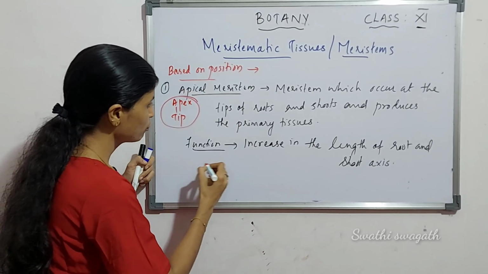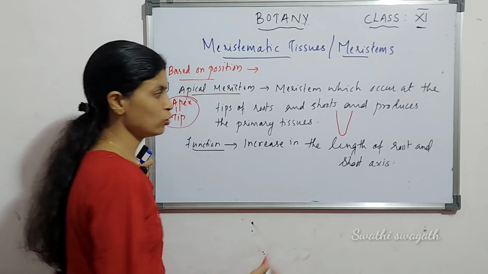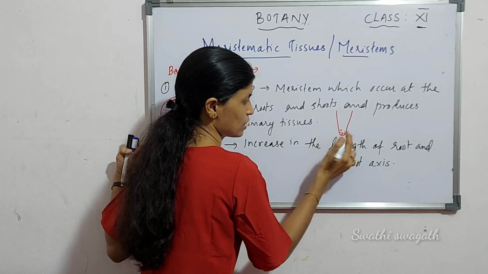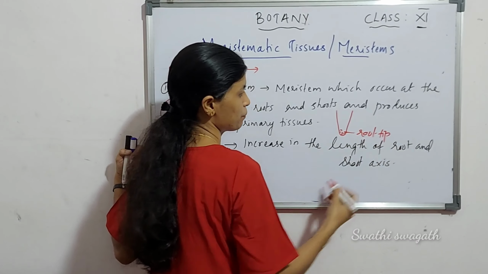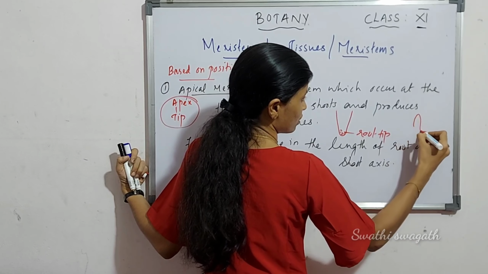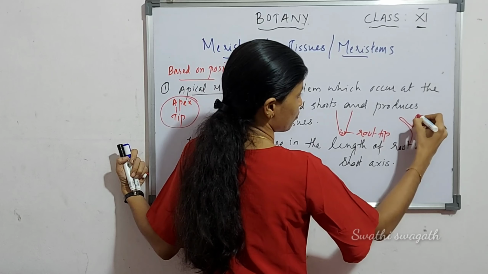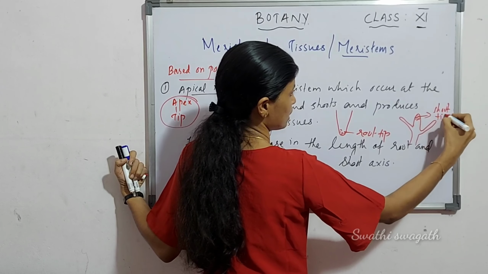If this is a root, we know there is a meristematic region, and this part is present at the root tip. And if this is a stem tip, this type of meristem is present here, at the shoot tip.